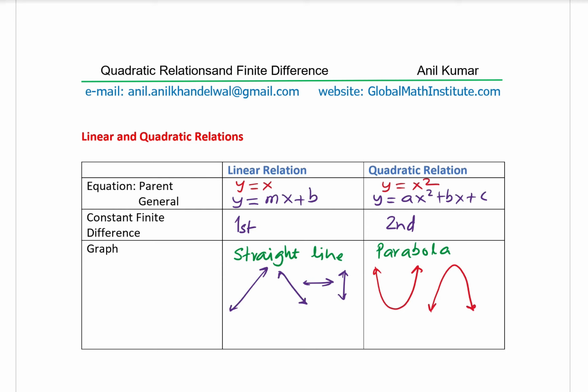Clearly from here you can notice that a parabola has a vertex, and therefore we have a range which is restricted. You can say limited for time being. We use the word technically as restricted.